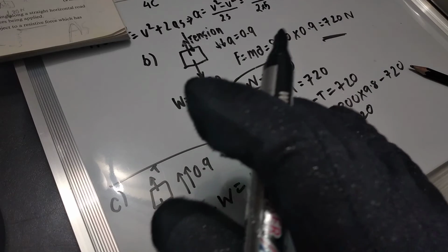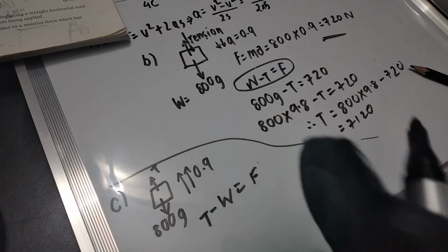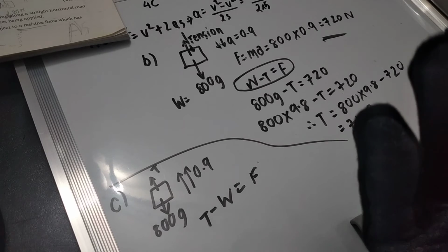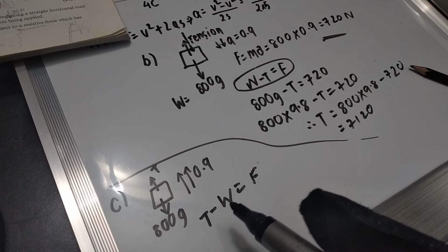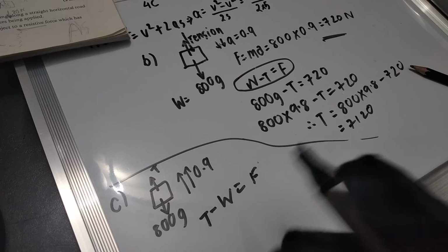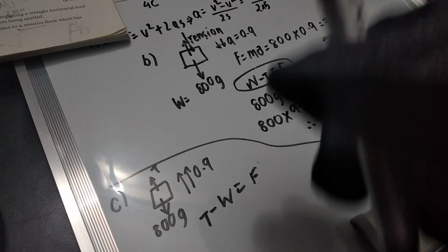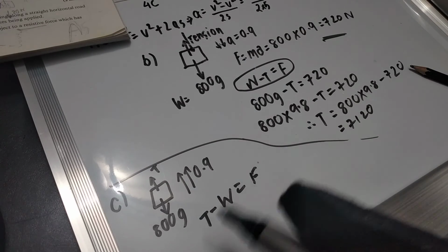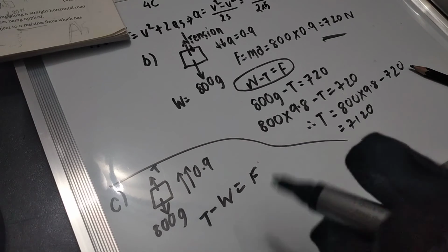Thus it means that the tension is the main force, the resultant one, you could say. So tension minus weight, because tension is acting upwards, weight is acting downwards, it's accelerating upwards, so it's in the way of the tension. So tension minus weight equals force.